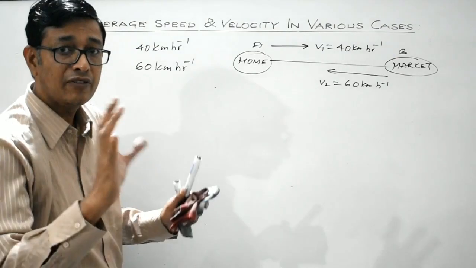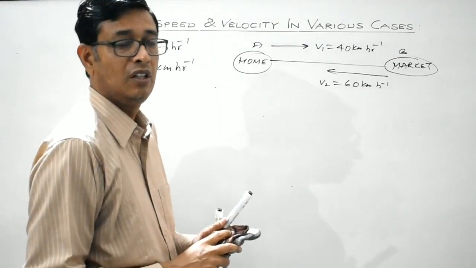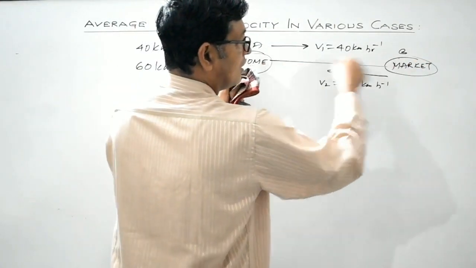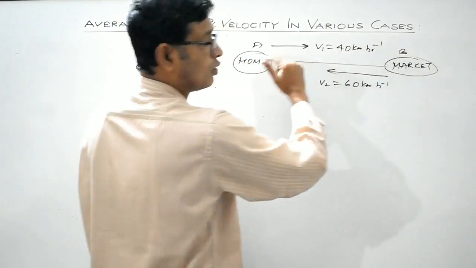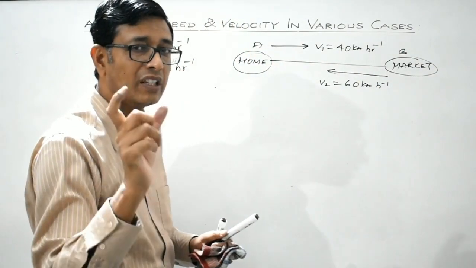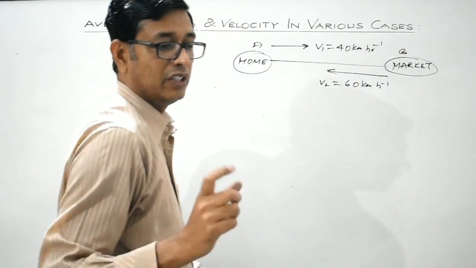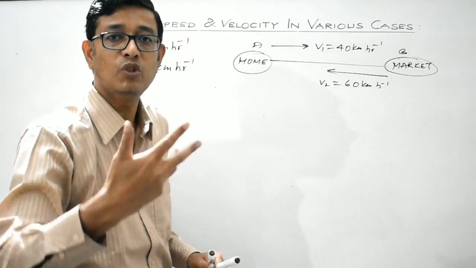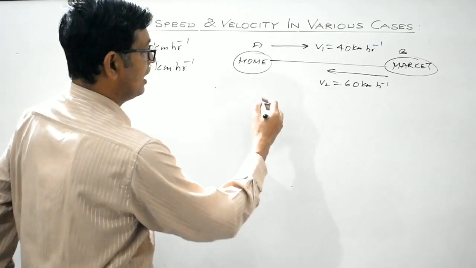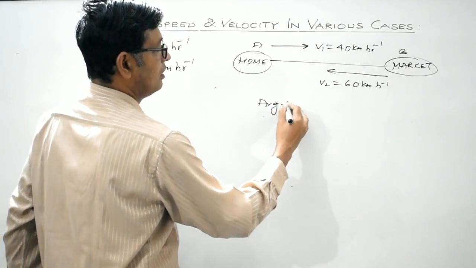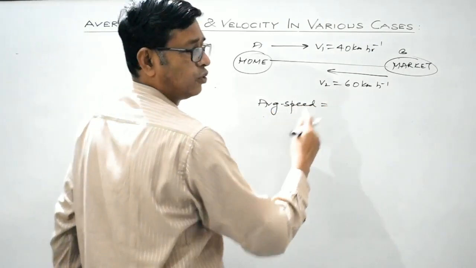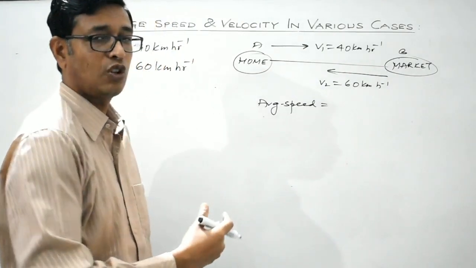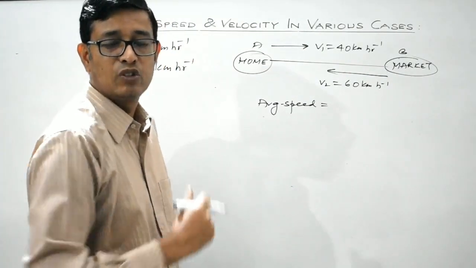So first, identify which formula is to be used. Now the body is covering equal distances. A to B is equal to B to A, so it is covering equal distances. So whenever the body covers equal distances, the average speed is given by the harmonic mean. We have already proved the formulas, so while solving numericals, I can make use of the formula directly.